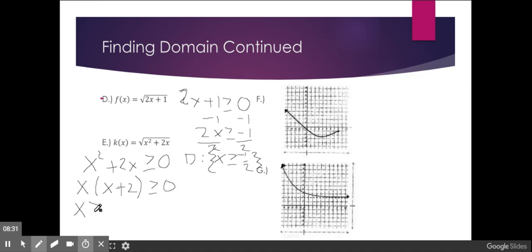So x has to be greater than or equal to 0, and x plus 2 has to be greater than or equal to 0, which would mean x has to be greater than or equal to -2. Both of these would be our domain.